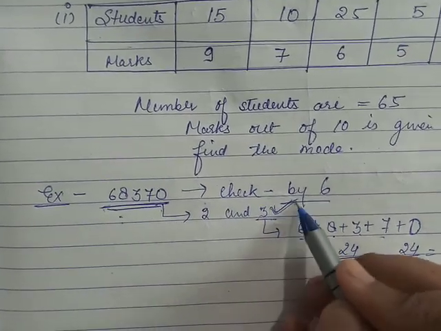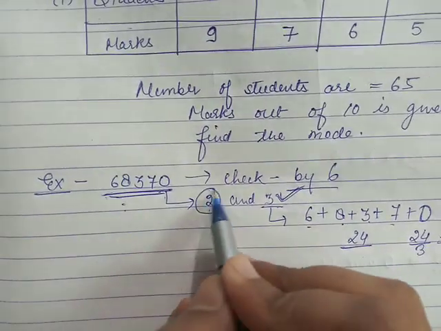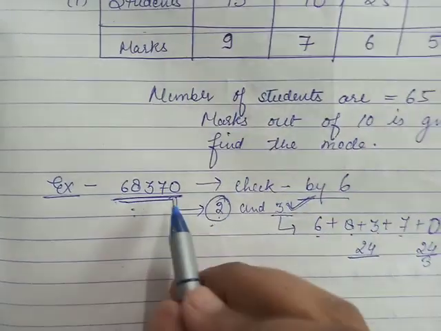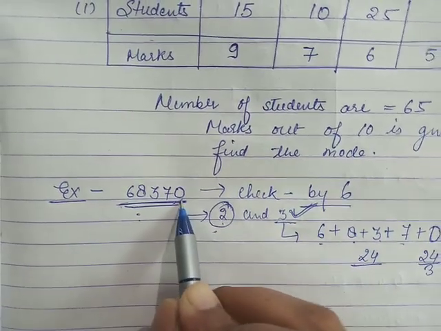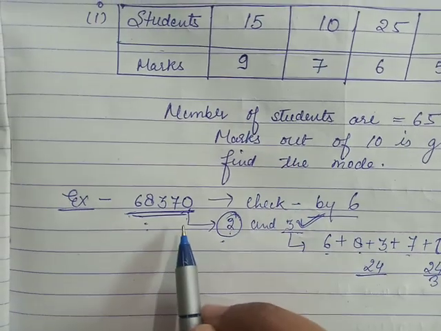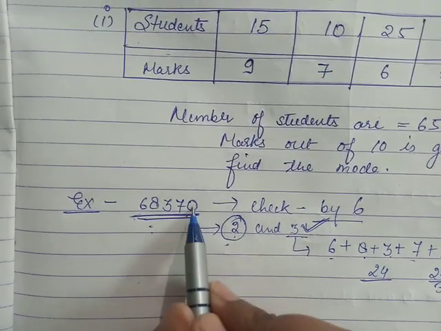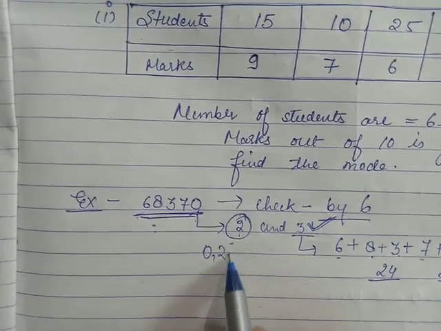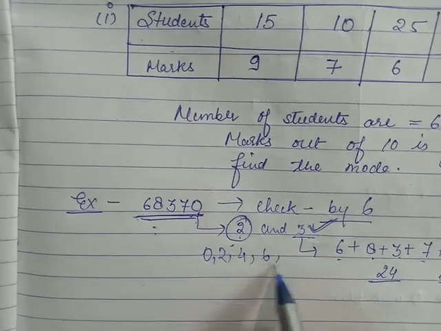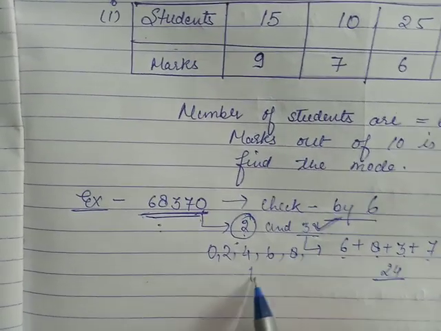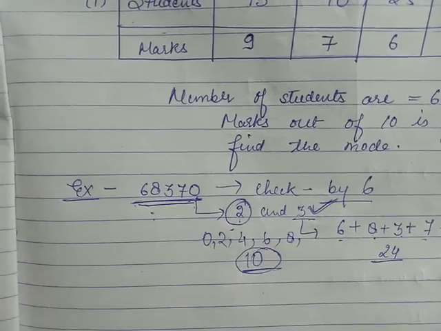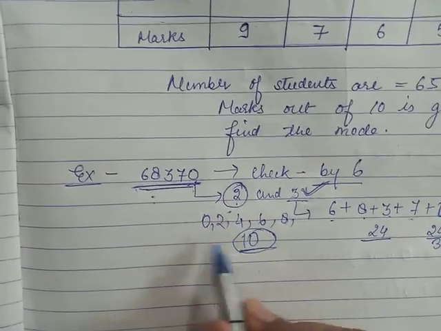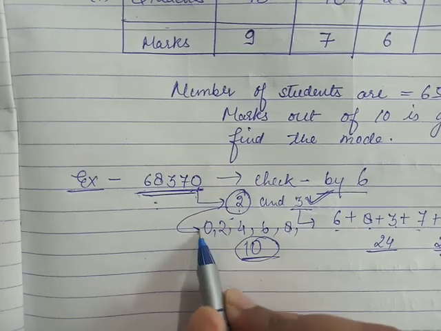We have checked for 3. Now we will see divisibility by 2. If the last digit of the number is divisible by 2, that means the number will be divisible by 2. We can see the unit digit is 0, and 0, 2, 4, 6, 8 are all divisible by 2, so it will be divisible by 2 also.